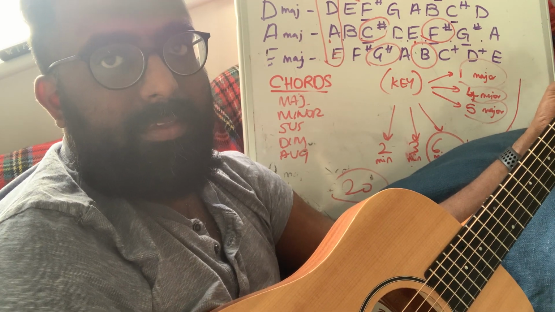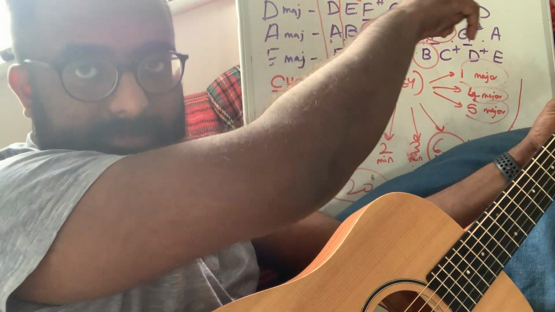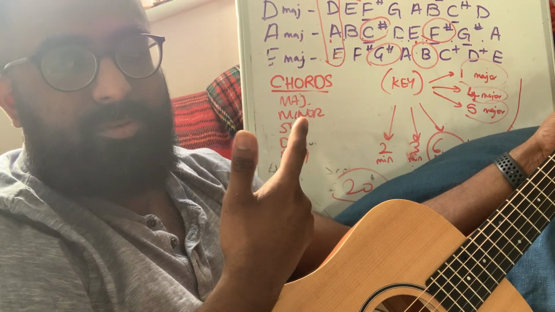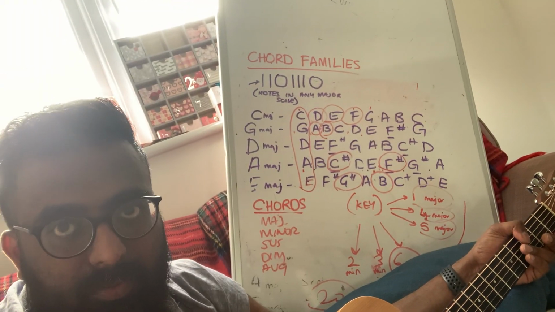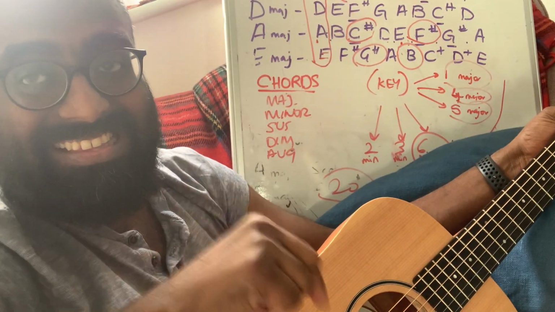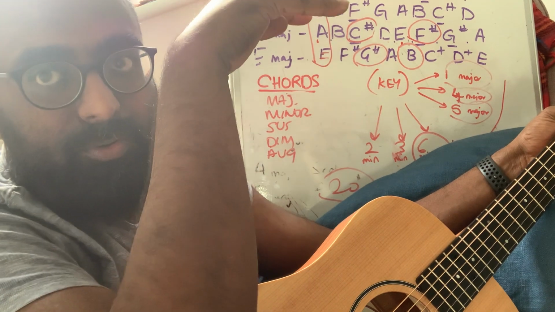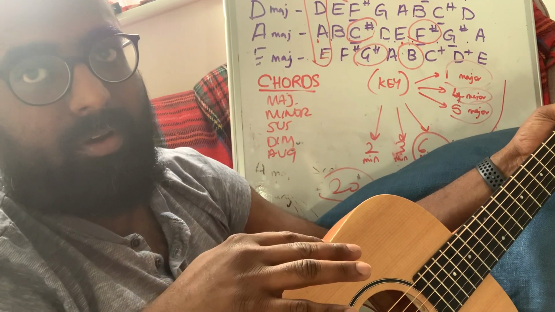So you need to know the scales. Okay, and how do you know which note comes in the scale? The formula is 1 1 1/2 1 1 1 1/2. Those are the notes in the scale, and for each note you get a subsequent chord.